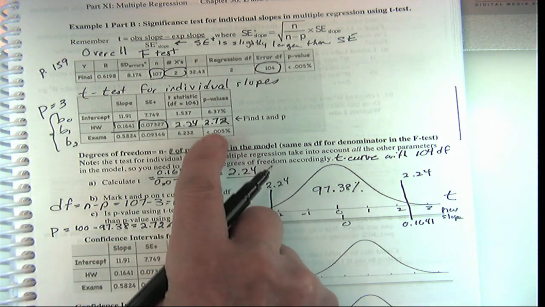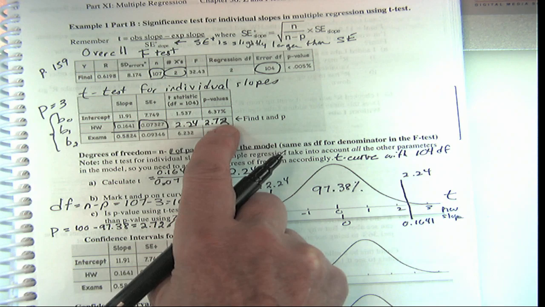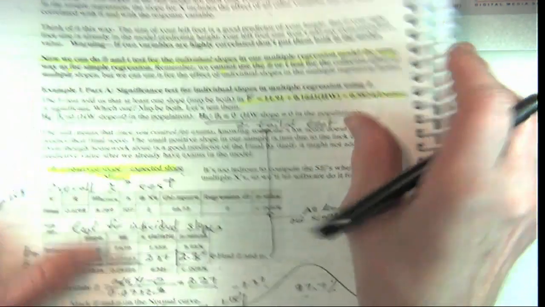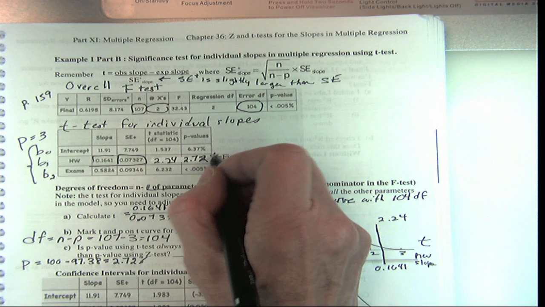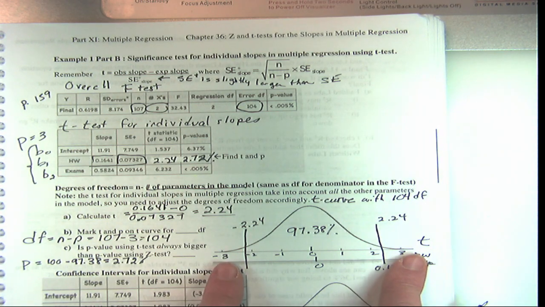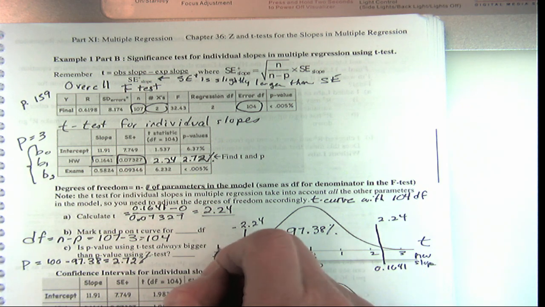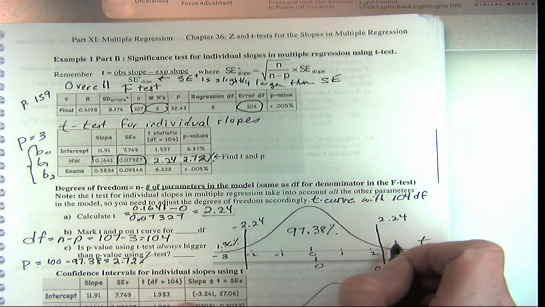Okay? So we always get a bigger p-value with the t. Instead of getting 2.3%, we have 2.72%. And in our tails, if we divided this up, what do we have? Instead of 1.15, we have 1.36% in each tail.